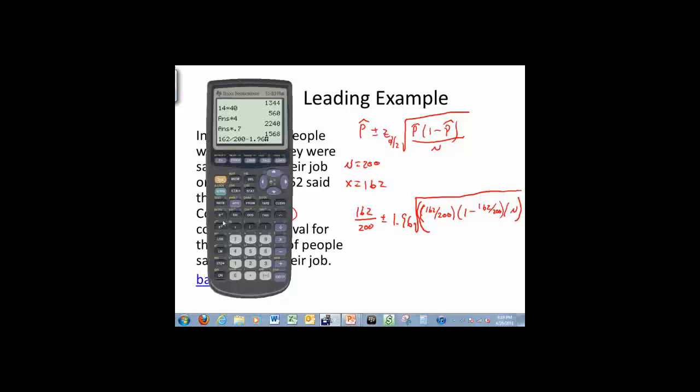So I'm going to go square root, and then notice that opening bracket is this guy right here. Okay, so now all I got to do is go another open bracket, 162 divided by 200, close, open bracket, 1 minus 162 divided by 200, close bracket, and then I'm just going to go divided by 200, and then I'm going to do one more close bracket.